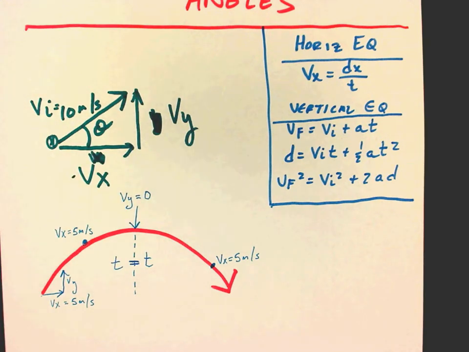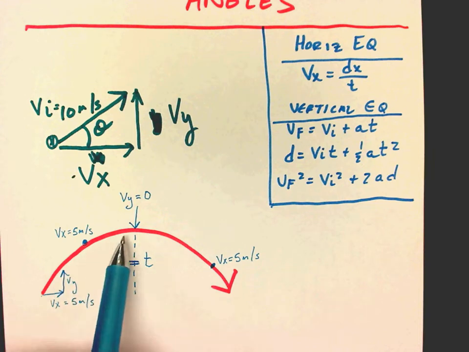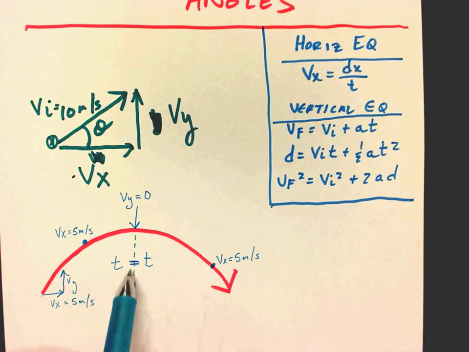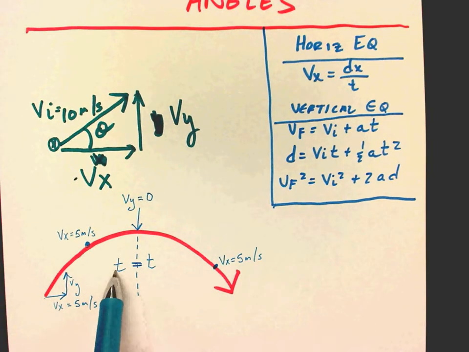So a lot of times there might be a situation where we want to know how long this thing's in the air, and we might have enough information to figure out how long it takes to get to its highest point. Well, if we just double that, then we would have the total time. So the time up equals the time down.